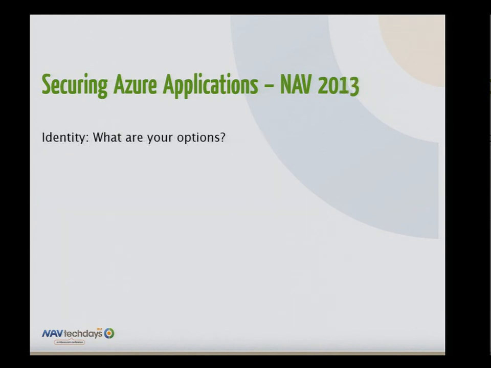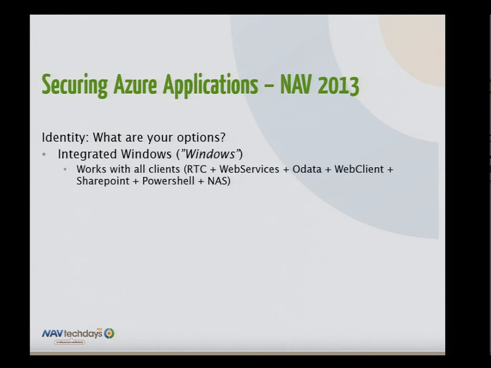For 2013, well, what options do we have? We still have the Windows integrated option, and this is quoted, it says Windows. That's because we have a config setting on the server and on the client where it says what kind of credential type do you want to transfer from the client to the server, and that value is Windows.